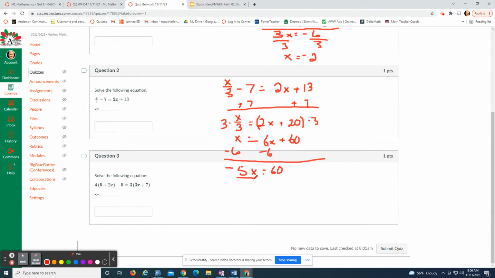And then if you divide both sides by negative 5, you'll find that x is equal to negative 12. So for number 2, this should be negative 12. For number 1, it should be negative 2.